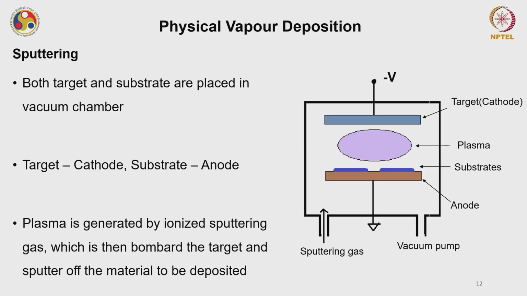The target acts as a cathode and the substrate acts as an anode. Plasma is generated by ionized sputtering gas, which is then bombarded on the target and sputters off the material to be deposited, and this material gets deposited atom by atom on the substrate, which is again placed at the anode.